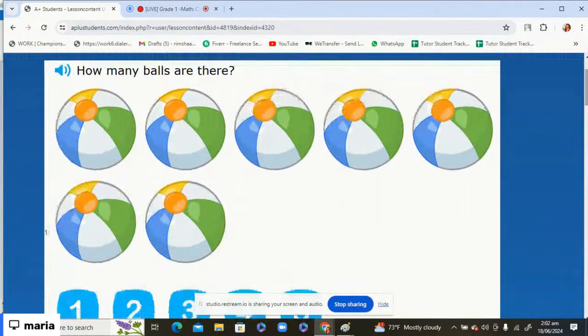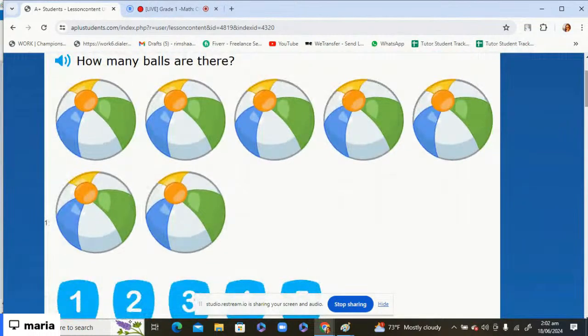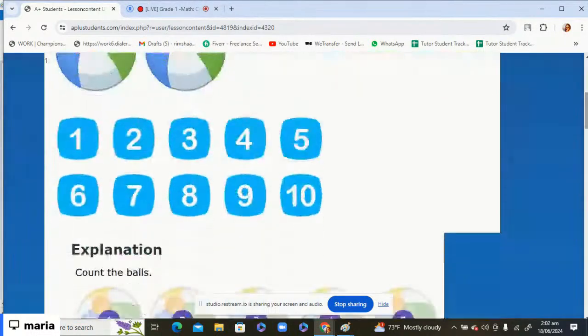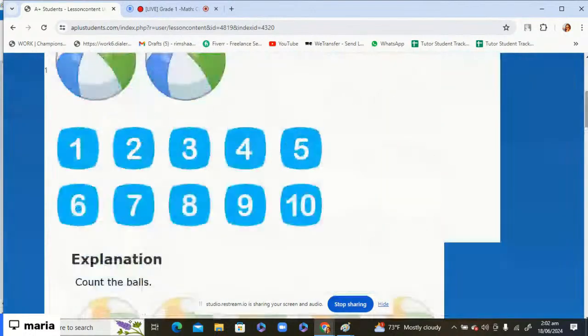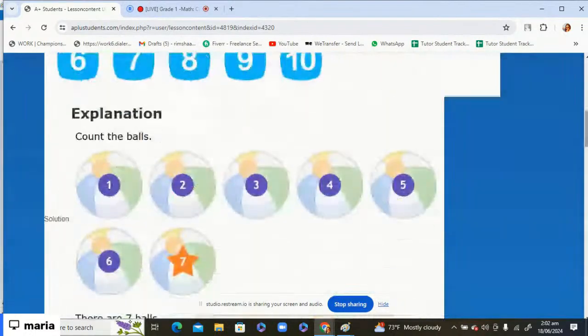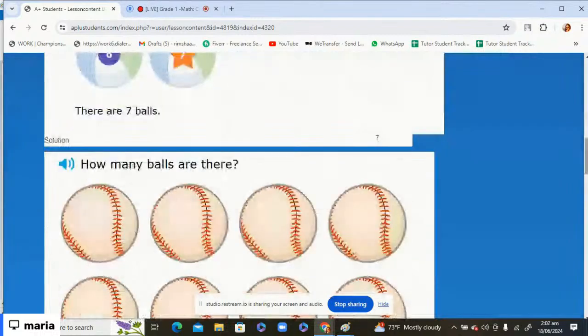Everyone count how many. It's one, two, three, 4, 5, 6, and 7. How many in total? That is 7. So we just need to click the 7 balls. There are 7 balls. Good.